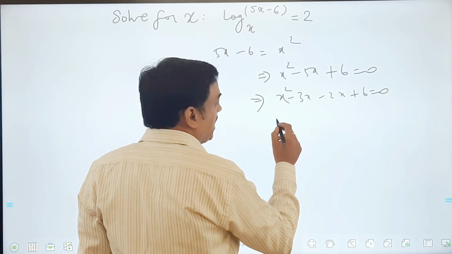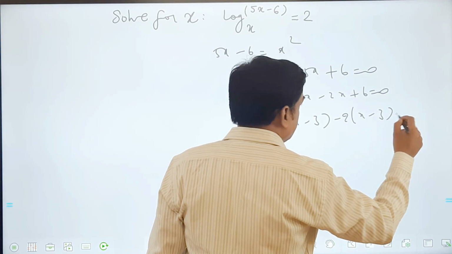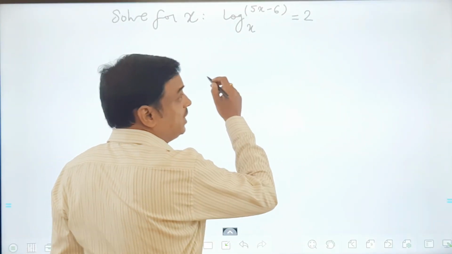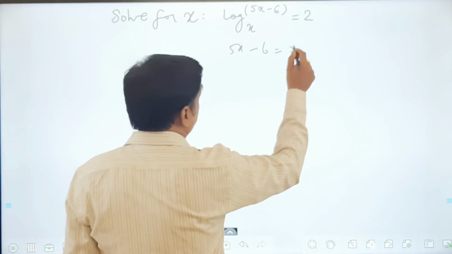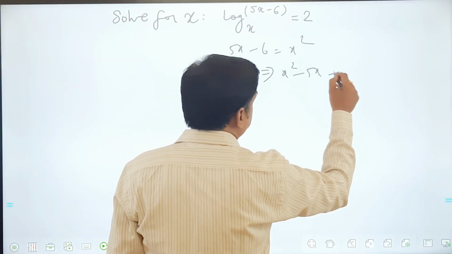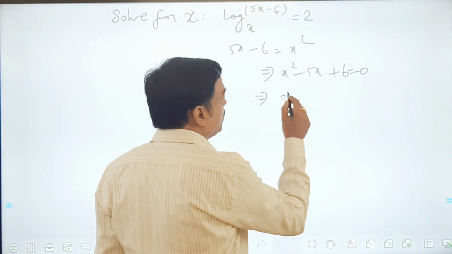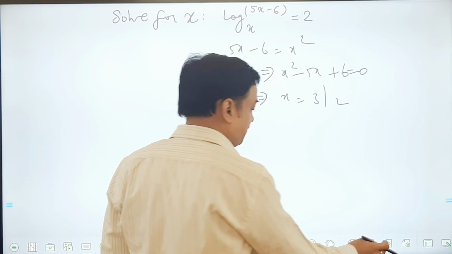Taking x common, x minus 3, minus 2 common, x minus 3 is equal to 0. If I take this into exponential form, it will be 5x minus 6 is equal to x square. And there you see a quadratic equation has come as x square minus 5x plus 6 is equal to 0. And after factorizing, you get the value of x as 3 and 2. You know how to factorize the things, right?